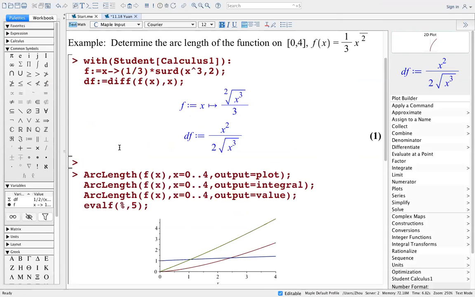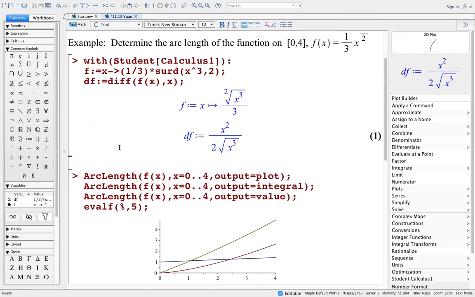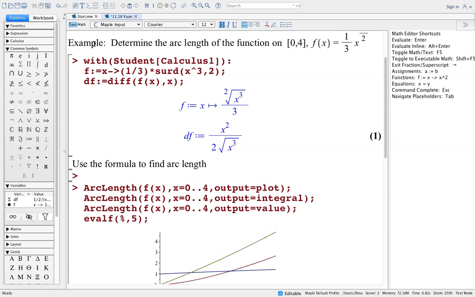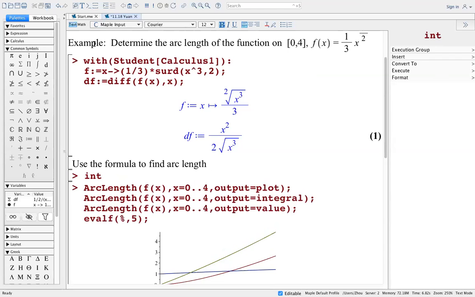In order to find it by formula, I'll just do it here. Use the formula to find Arclength. Then we say integration. Remember the formula is integration of the square root of 1 plus df to the second power, right?